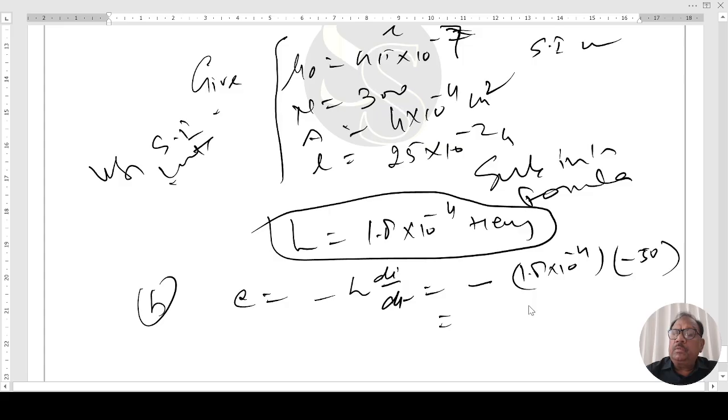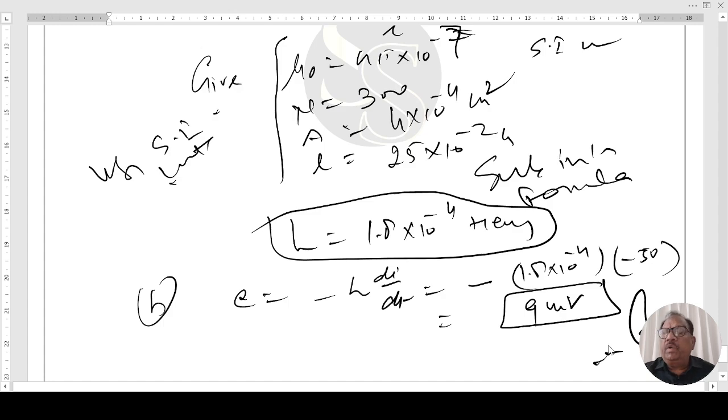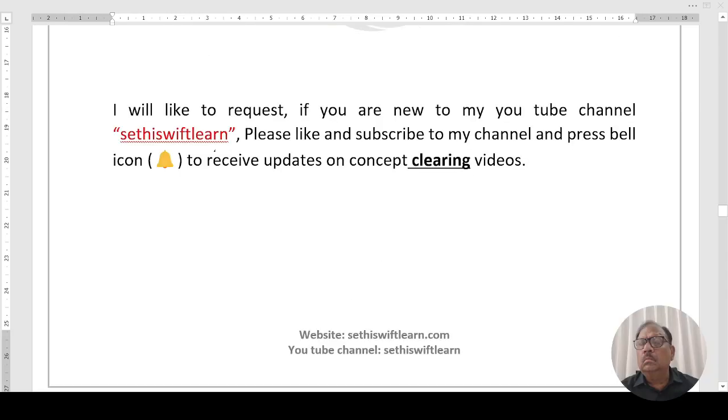This comes out to be 9 millivolt. That is the answer. On simplifying, 18 into 5 is 90, so that is clear. This comes out to be 9 millivolt. Right?